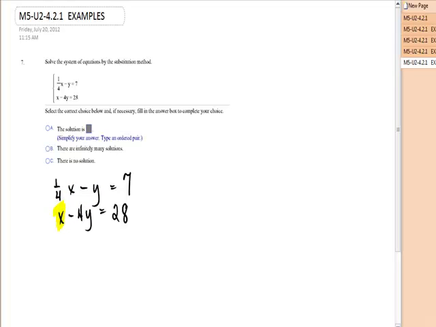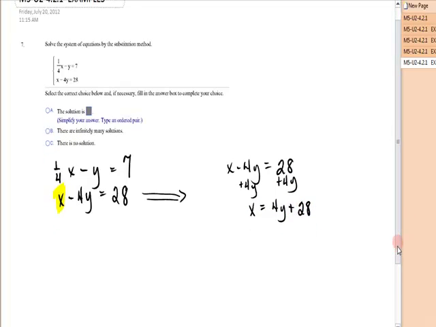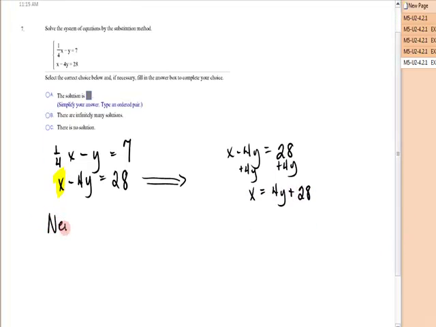My opinion is that x. So I will take x minus 4y is equal to 28, and I'll add 4y to both sides. X is equal to 4y plus 28. I have a new system.